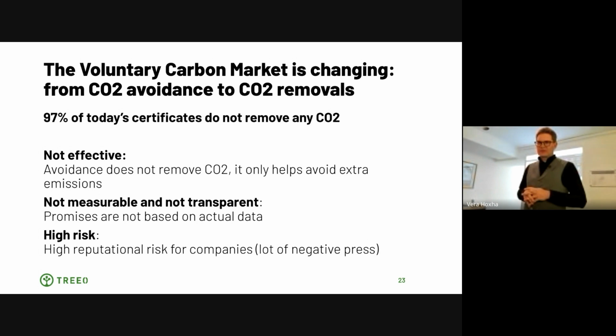One reason is this voluntary market and the standards we saw before, and you saw also Armeni's comparison. We were not really believing that with these standards we can make a very transparent and honest business. That's why we are so happy that together with Ithaka Institute and Carbon Standard International, we now have a standard that does it very differently.